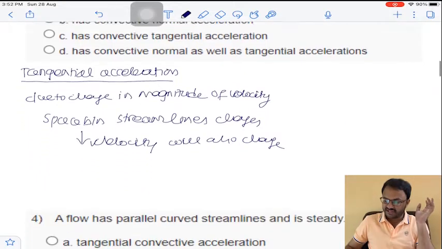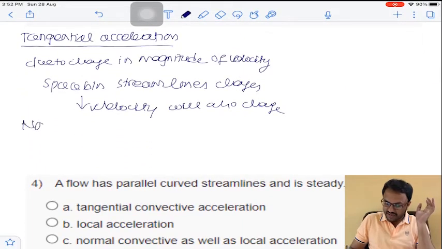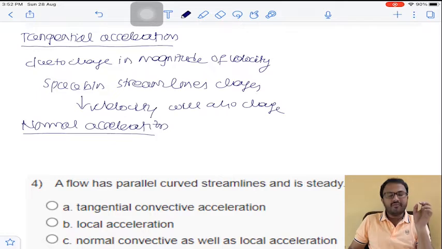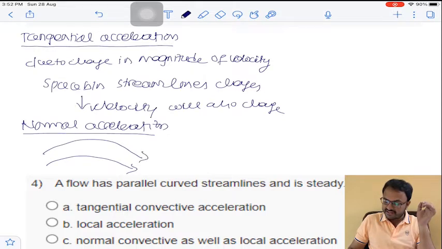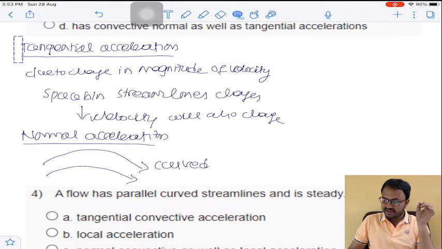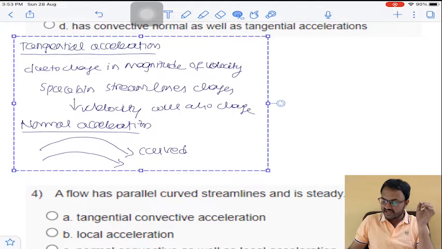Next type of acceleration is normal acceleration. Normal acceleration is developed when there is a change in direction of the flow. Generally, the change in direction will be there when there are curved streamlines. Okay, so for curved streamlines, there is a change in direction.